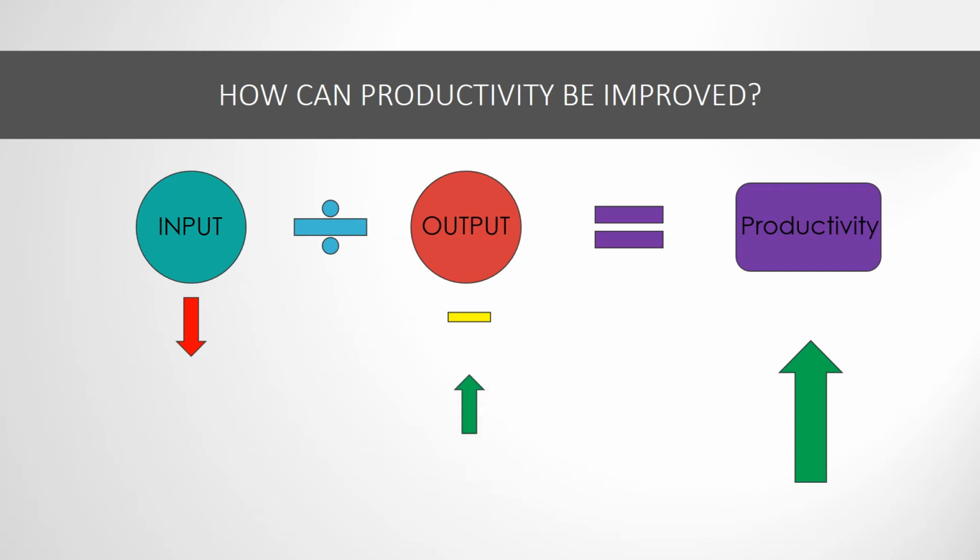Secondly, by increasing output but holding input at a constant, such as maintaining wages but requiring increase in production. And finally, by increasing output whilst simultaneously decreasing the input, requiring more production at a lower wage, for instance.